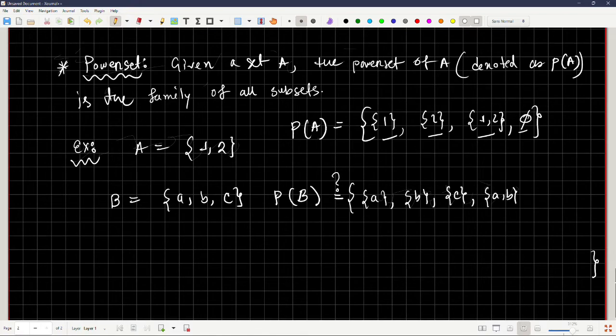A B, A C. But what's the difference between AC and CA? Same thing. So what's the next element after AC? B C. Okay. Then what? A B C. Anything else? The null set, yes.